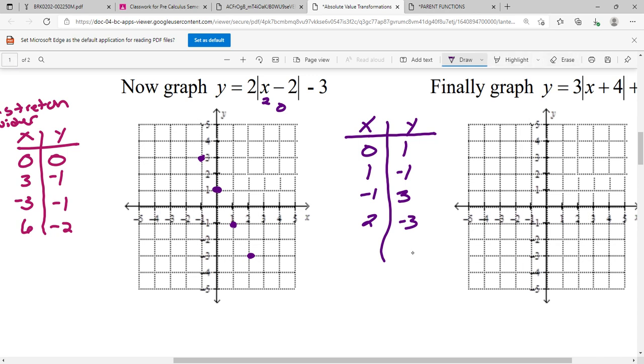Let's try 4. 4 minus 2 is 2. 2 times 2 is 4. 4 minus 3 is 1. There we go. So if x is 4, y is 1. Now we're getting somewhere. And there's our graph.